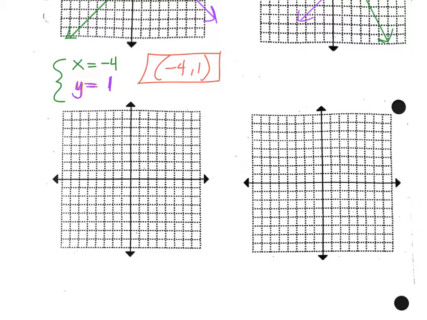So x equals -4, that's a vertical line where x is always -4. So you're going to move on x, 1, 2, 3, 4, back 4, and draw this line in. Okay, that's x equals -4. The line y equals 1, that's a horizontal line at 1.